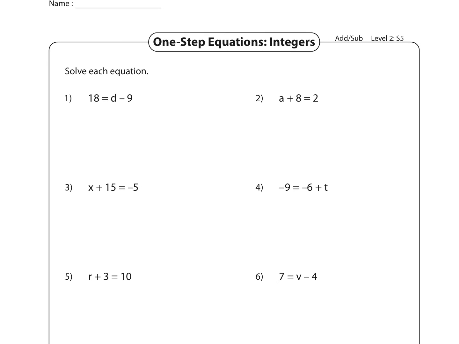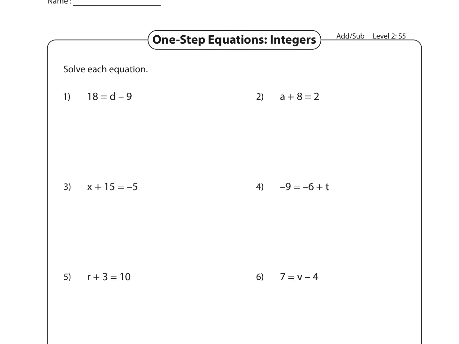So please make sure you're on the second page, and we're going to skip number 1. We're going to go on to number 2. We're going to start by building our wall. We're going to start on the side that has the variable because it tells us what to do. We see plus 8, so we want to eliminate that in order to isolate the variable, get the variable by itself.